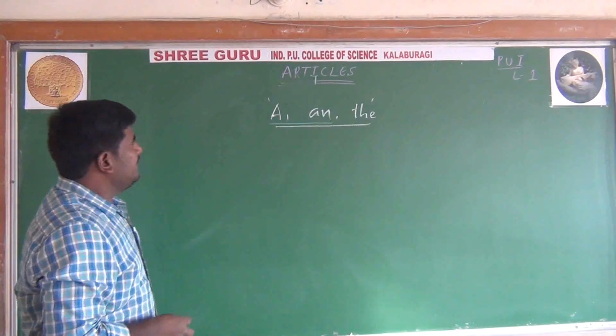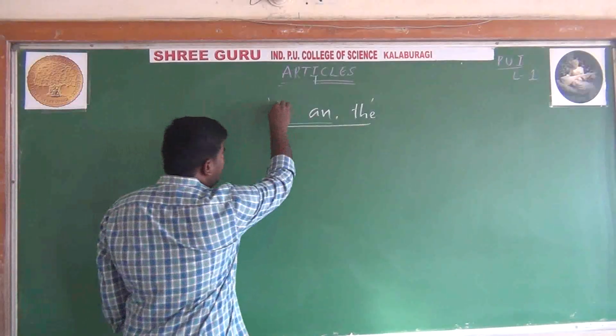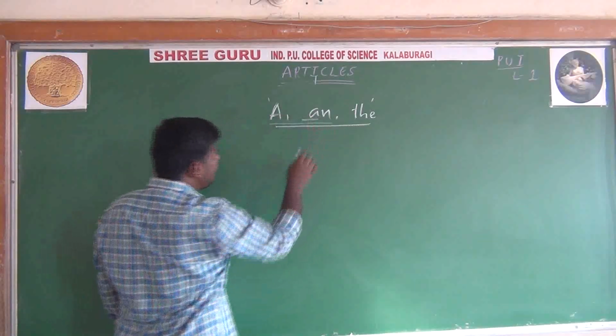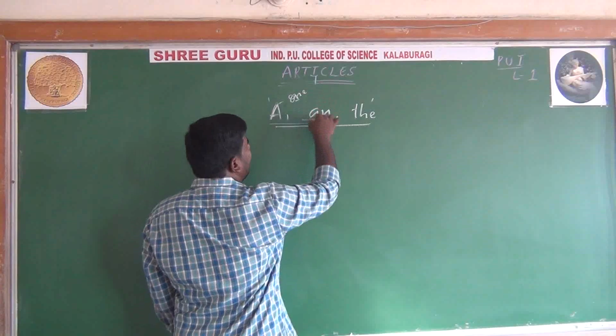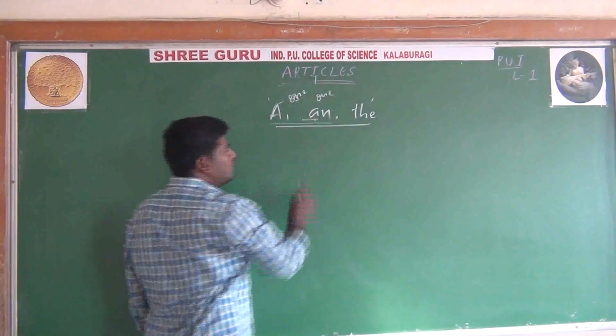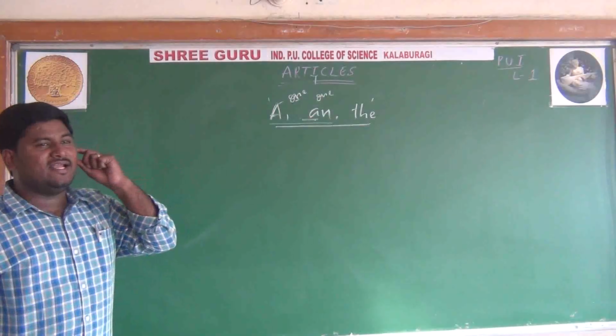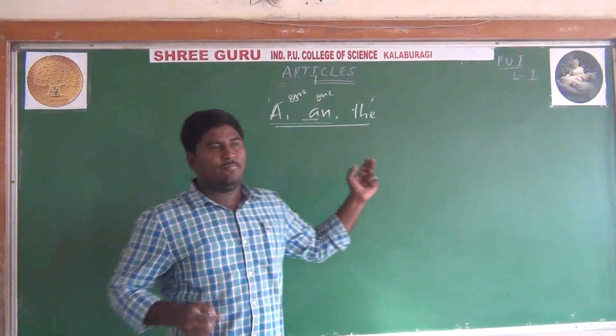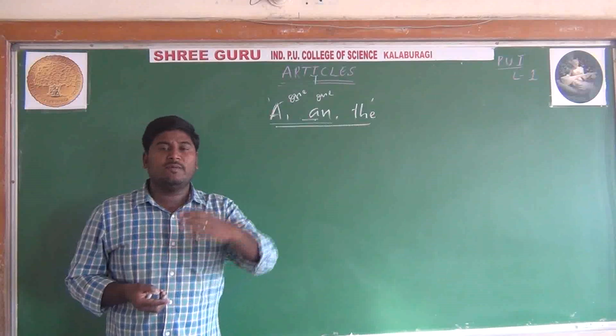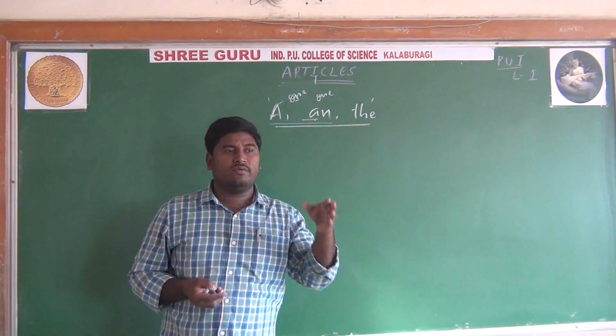So dear students, a literally means one, and an also means one. As I said, they are considered indefinite articles because it is not certain where to use them.